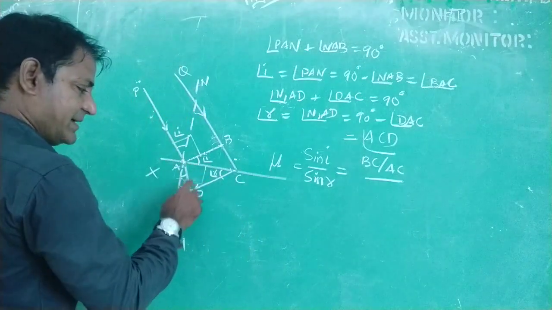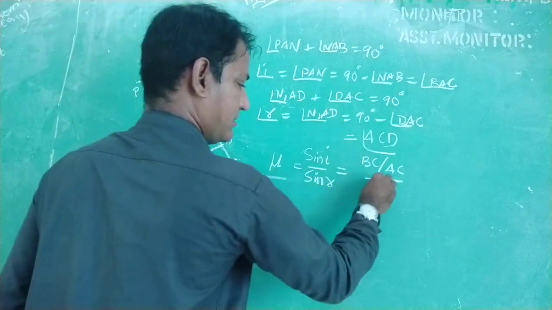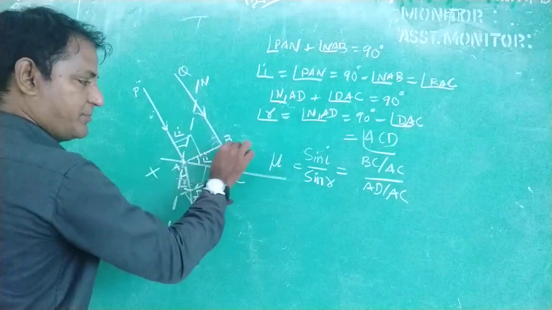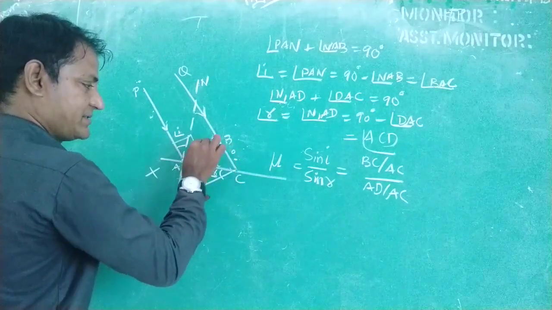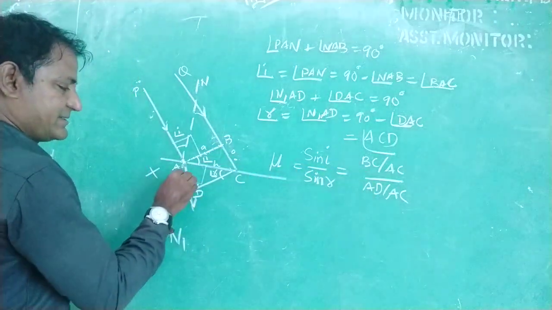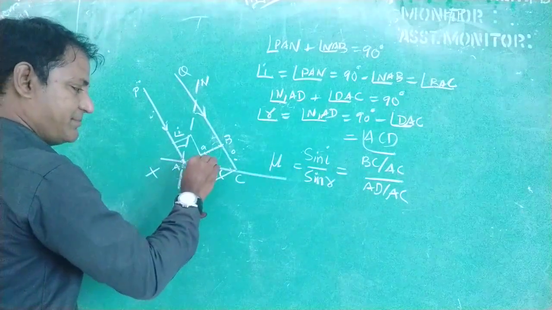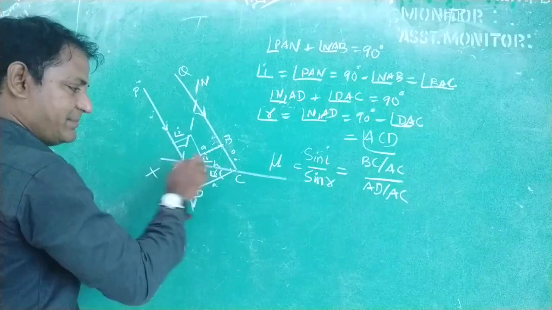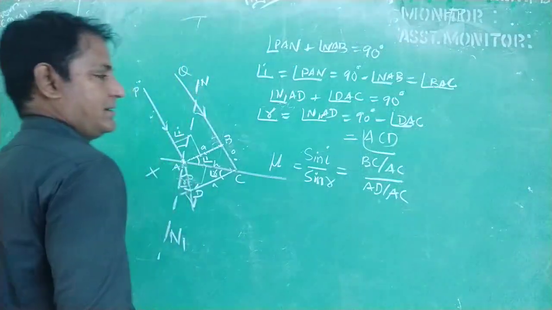Sin R is nothing but AD by AC. Because this is the angle of incidence, opposite by hypotenuse is this. And here, this is the opposite side, this is the hypotenuse, this is the adjacent side. So opposite by hypotenuse, that is AD by AC, is this.